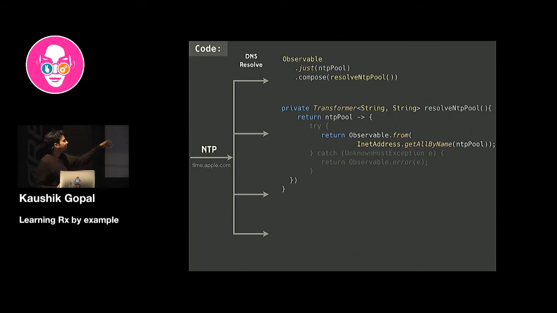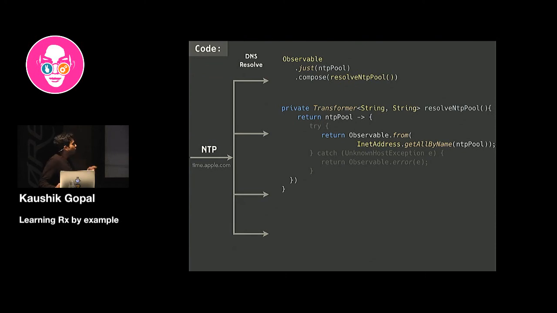I want to quickly call out that InetAddress.getAllByName is essentially just an Android utility method that does DNS resolution for you. You provide it with an NTP pool address, it executes whatever it does for DNS resolution, and it provides you with a Java list object that contains the IP addresses for that DNS pool.